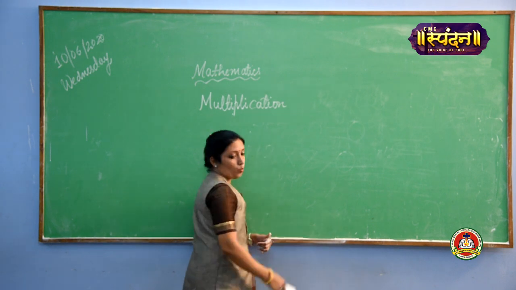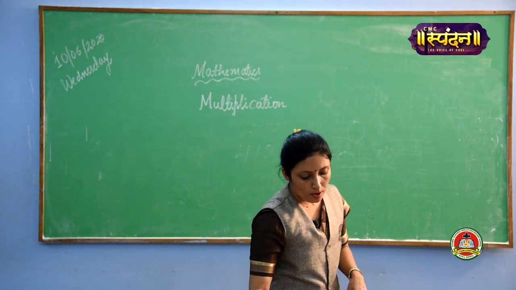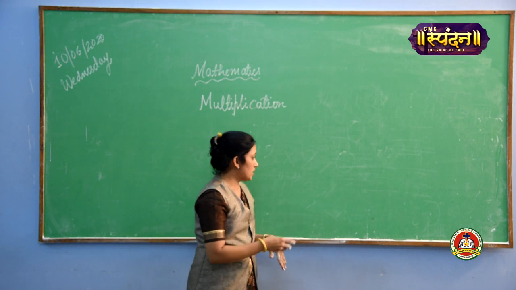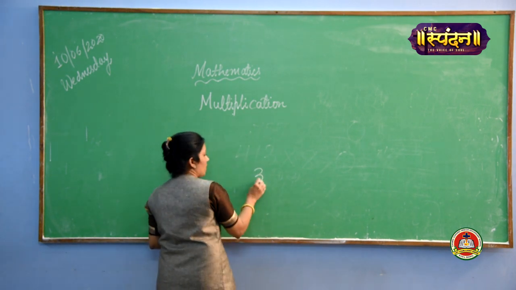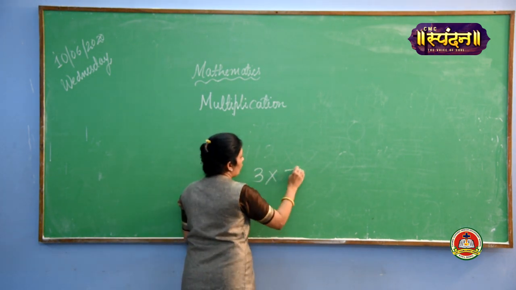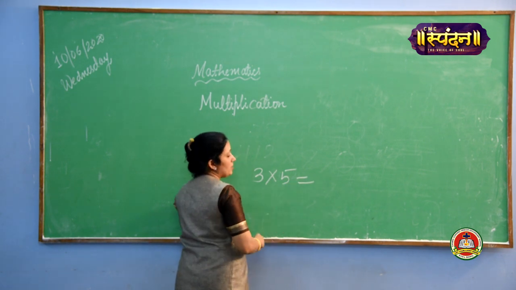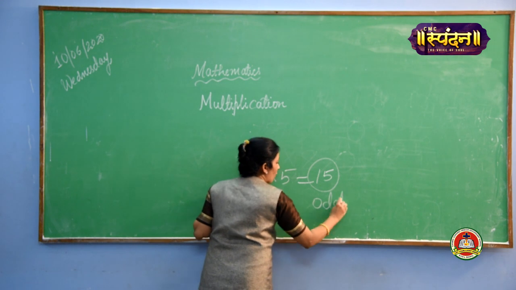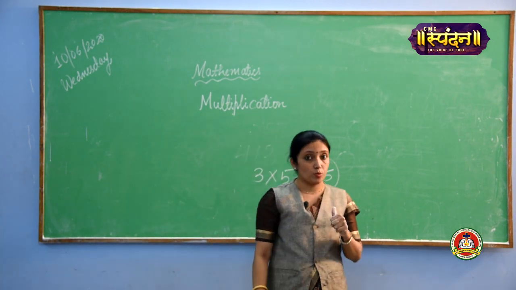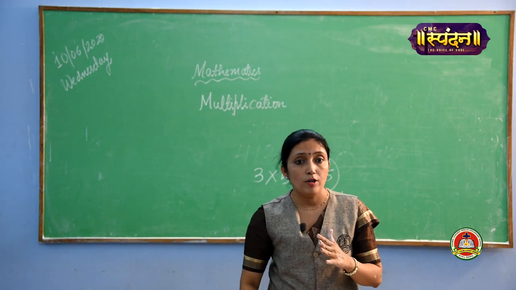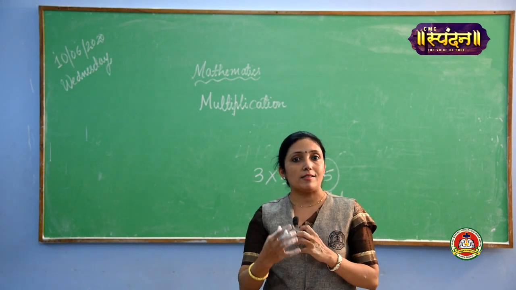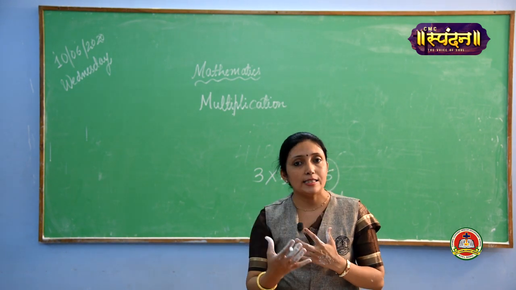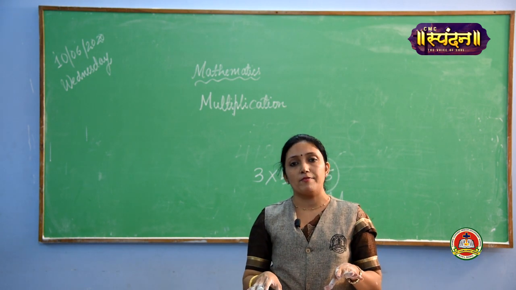So we have done one property. Now, the product of two odd numbers. See an example: 3 is an odd number, 5 is an odd number. The answer is 15. So the answer will always be odd. It does not come in the 2's table, so it is not a multiple of 2. You can just try it out. When we move on to the other chapters, you will understand even and odd numbers clearly.